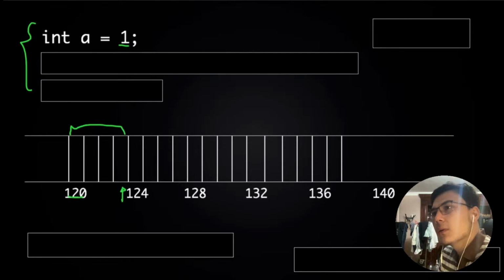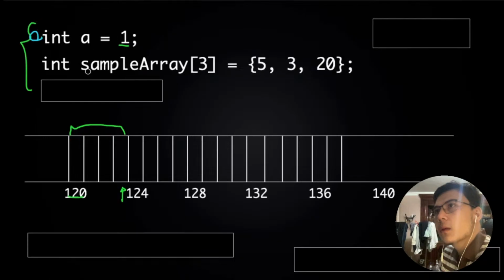And right after, we have the line int sample array square brackets 3 equals 5, 3, and 20. This array will take 12 bytes right after the first 4 bytes, from 124 to 135 right here. We need 12 bytes to be able to store 3 integers.